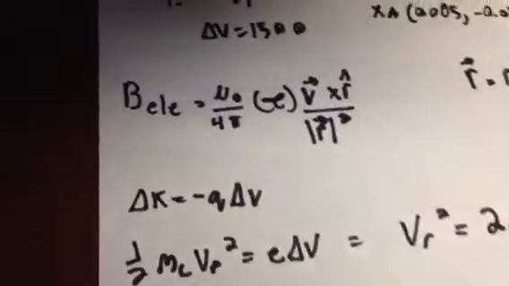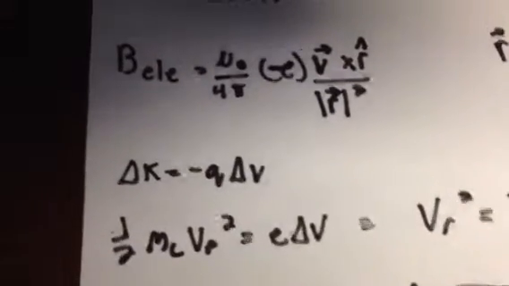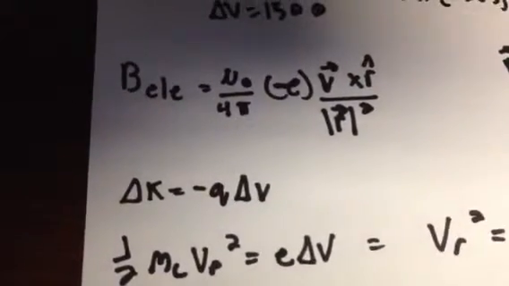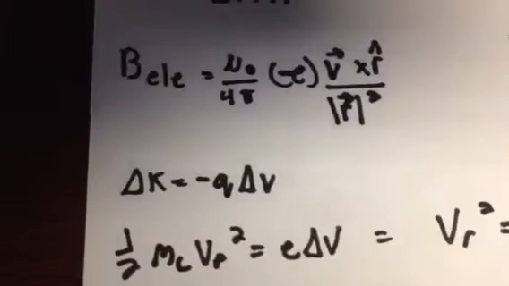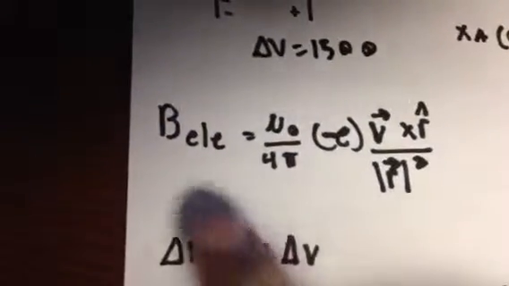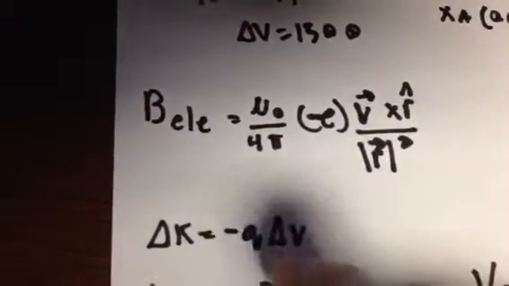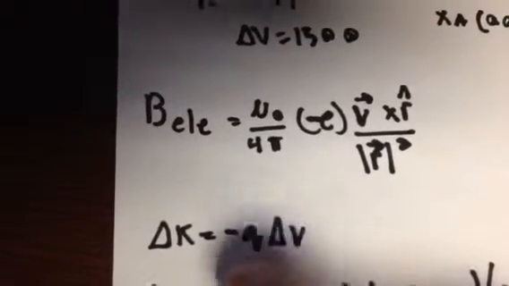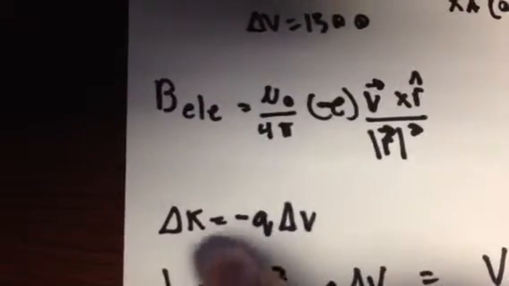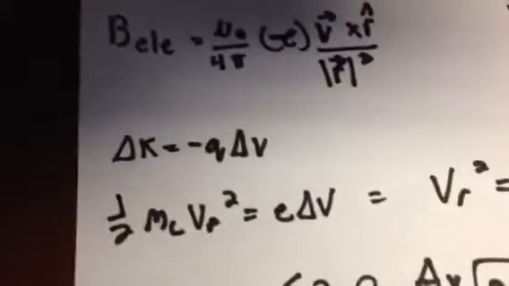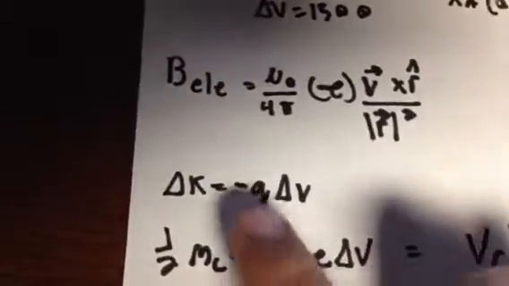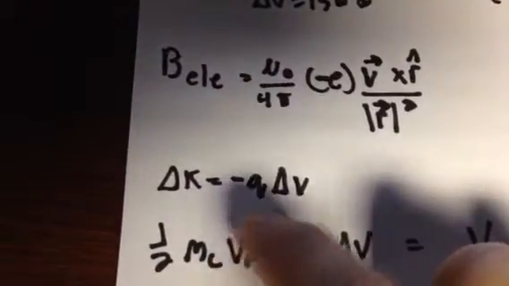Now, to find the velocity vector, we can use the equation for delta K, which is kinetic energy. Delta K is the charge times the electric potential, and the charge is always negative in the equation.